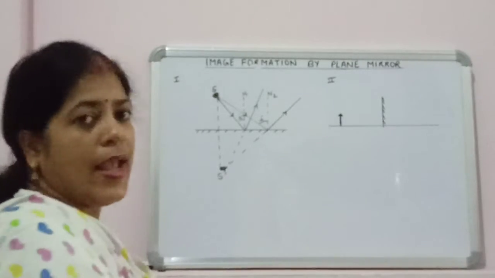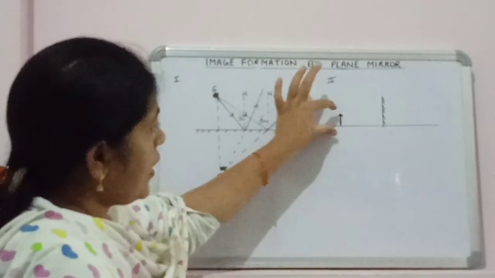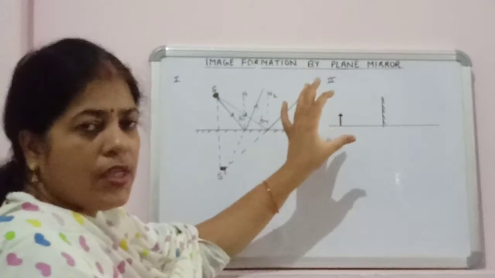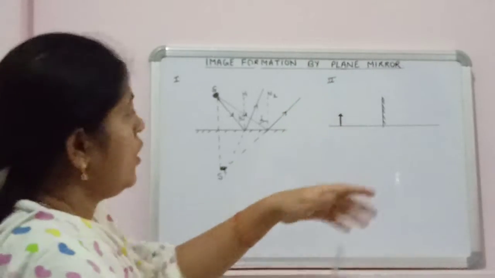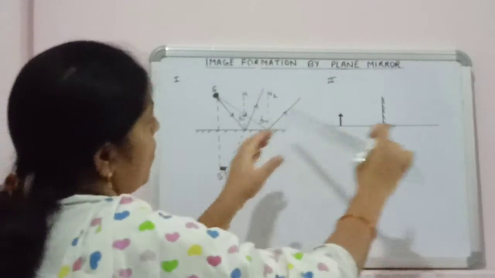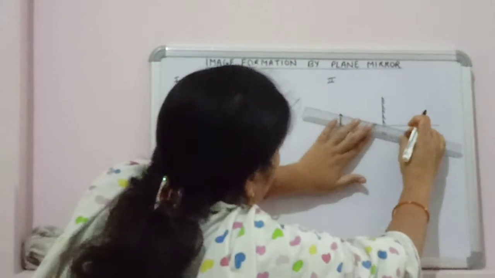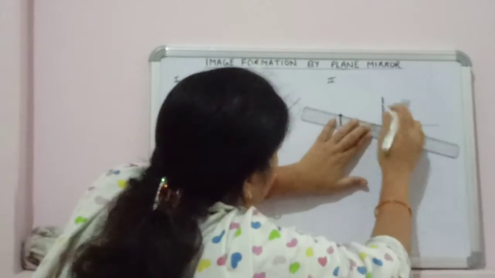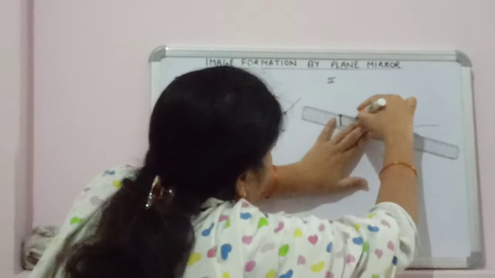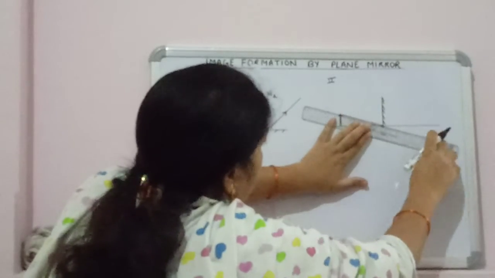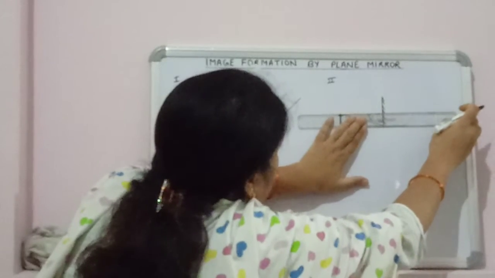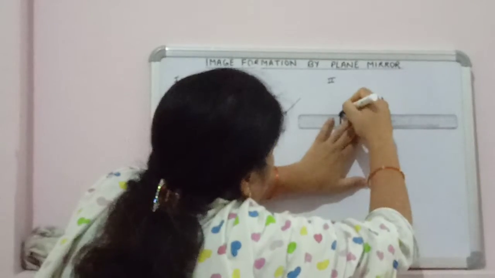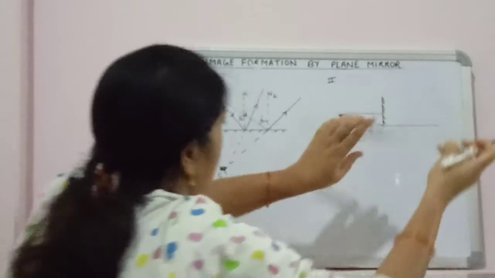of the mirror like this. So you can see the object has some height. It is not a point object. So again we can draw the diagram like this only. Let us consider the rays of light falling on the mirror surface, the first incident ray and the second one.